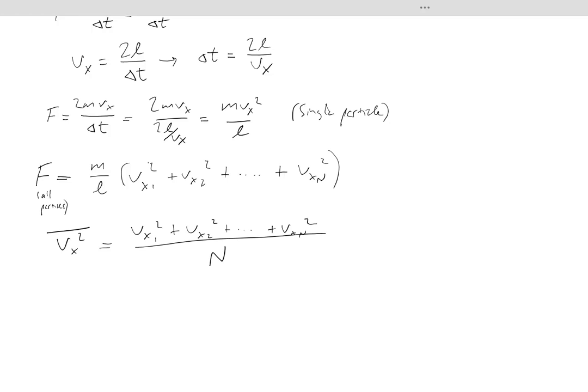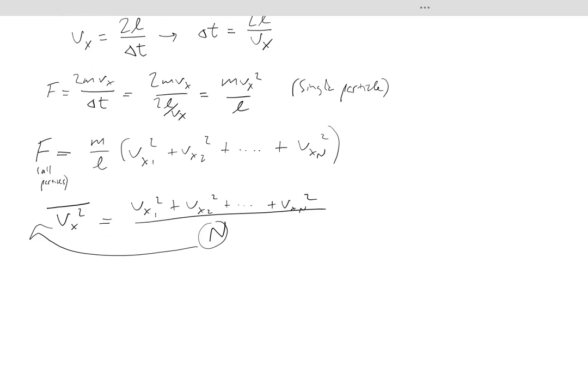Again, this is going to take into account that some particles are slower and some are faster, so we're just going to look at the average of all these particles to get the average force that gets exerted on the wall. Because if I take that n and multiply it up here, that's the same as the sum of all my squares of my speeds.